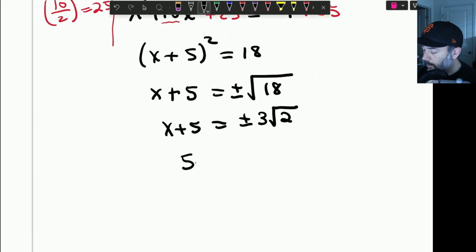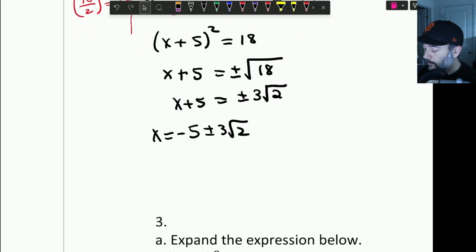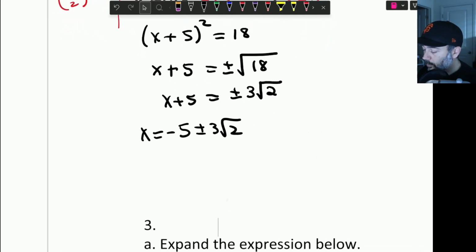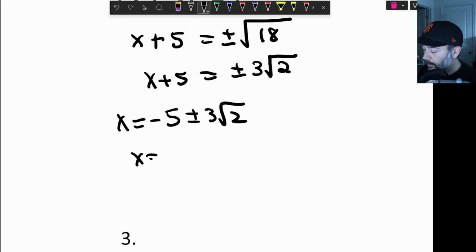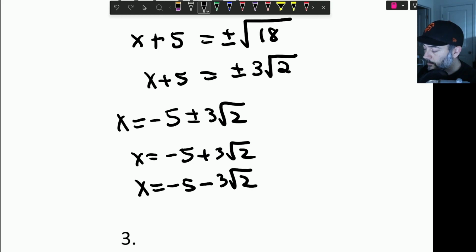Subtract 5 from both sides, and I get x equals negative 5 plus or minus 3 root 2. So we have found two solutions: x equals negative 5 plus 3 root 2, and x equals negative 5 minus 3 root 2.